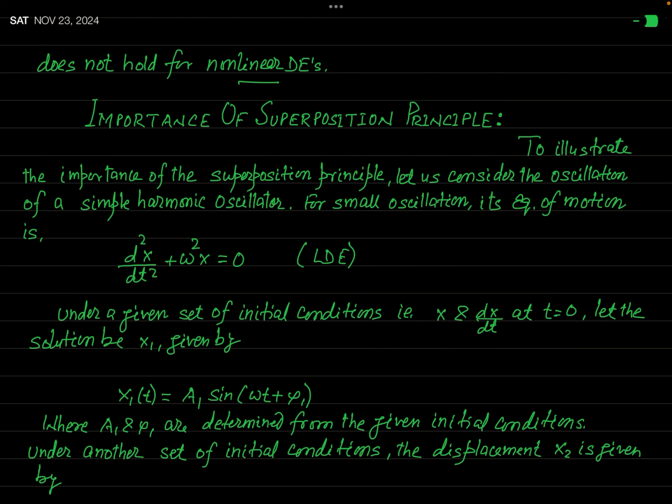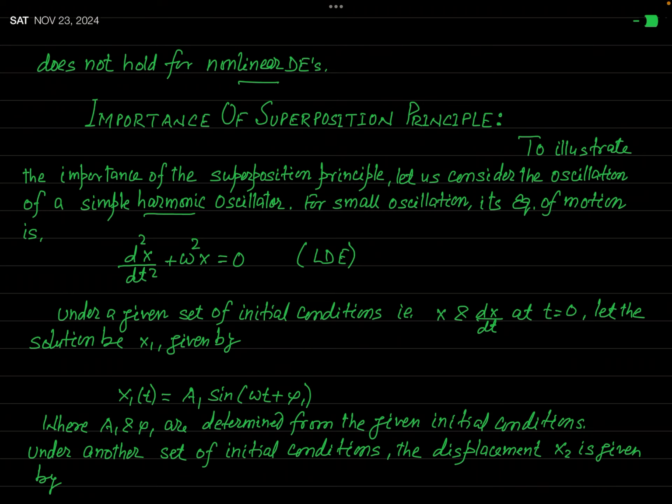To illustrate the application or the importance of this superposition principle, let us consider the example of a linear simple harmonic oscillator. For example, you can consider a spring mass system. You can consider the motion of a simple pendulum.